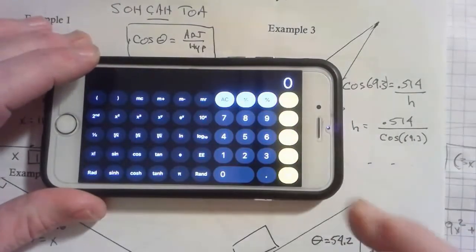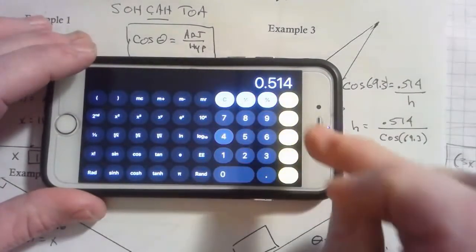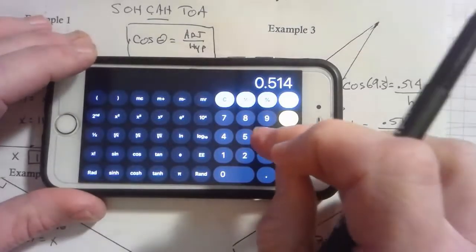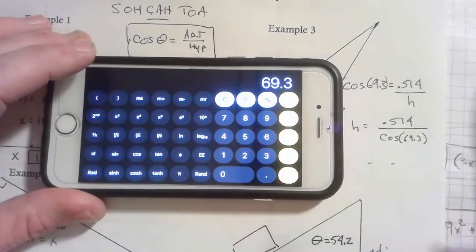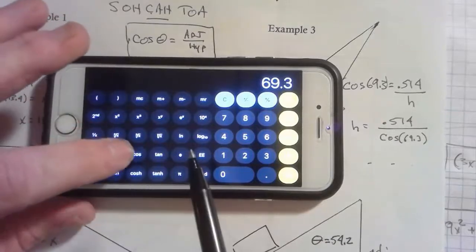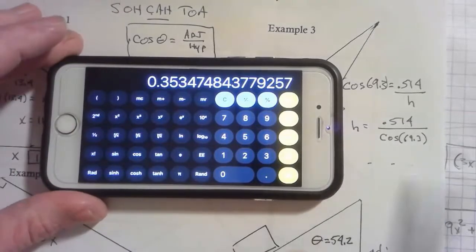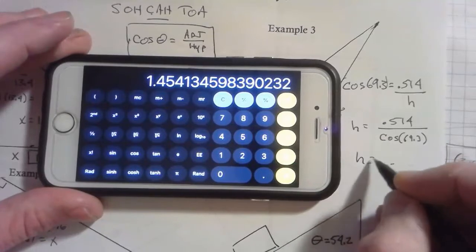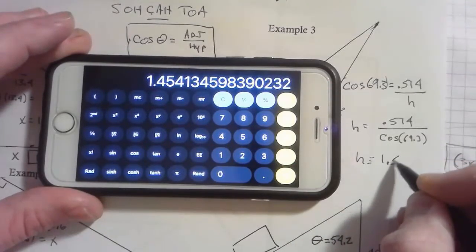I type in the 0.514 divided by, I got to type the angle first, 69.3, hit cosine, but that's not my answer yet. I still have to hit equals. There's my answer. So the hypotenuse is 1.45.